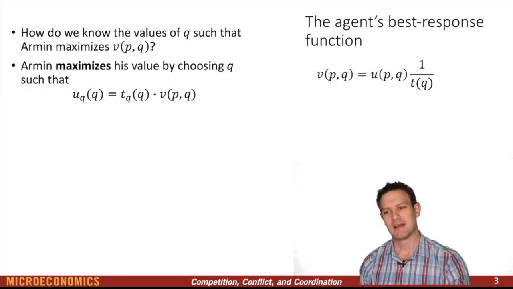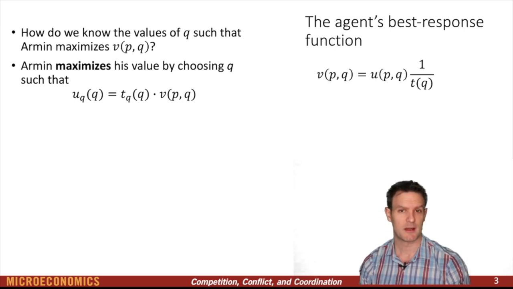Okay, so how do we know the values of Q such that Armin maximizes his value, V(P,Q)? Well, what we can do there is we can see that Armin will maximize his value by choosing Q such that the first derivative of his utility function with respect to Q is going to be equal to the termination probability, T sub Q, multiplied by the value that he receives from the contract overall.